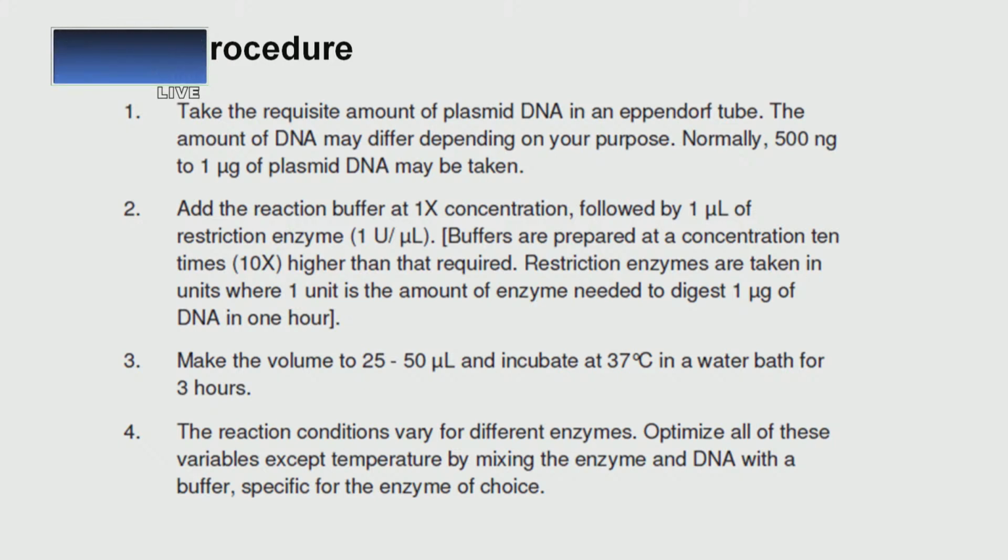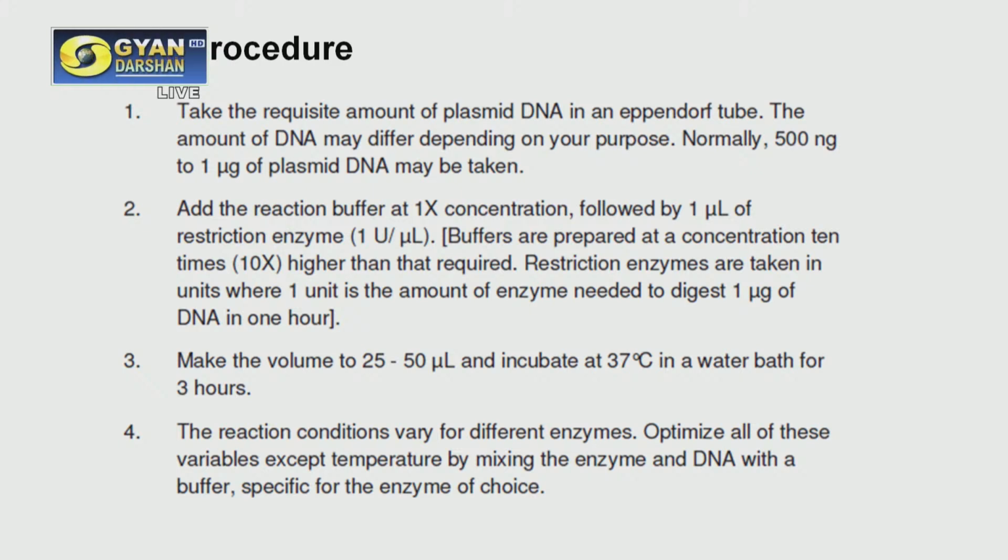You have to take the restriction enzyme. The activity of a restriction enzyme is expressed as, like I have shown in brackets, 1 unit per microliter or 5 unit per microliter. That is actually the specific activity of a restriction enzyme. And you have to add the restriction enzyme. You have to add the buffer.